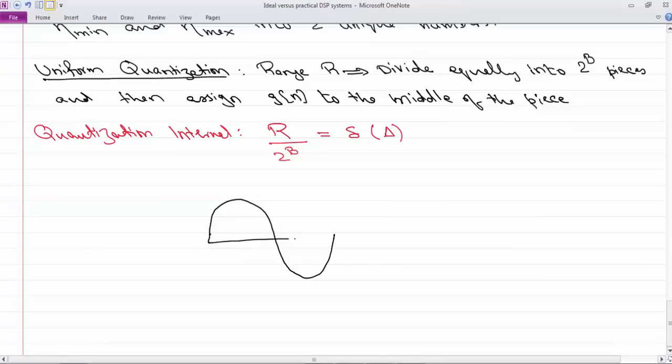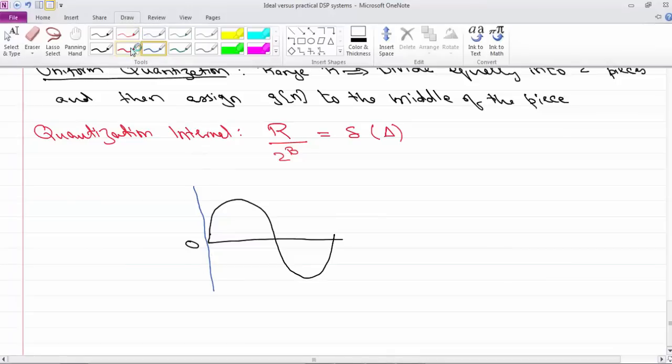Okay, let's say that this is your 0. And this is my now y-axis. And I'm going to divide it into bins.